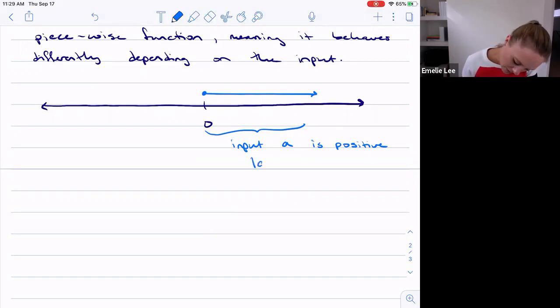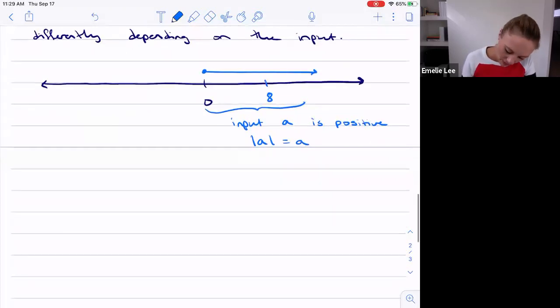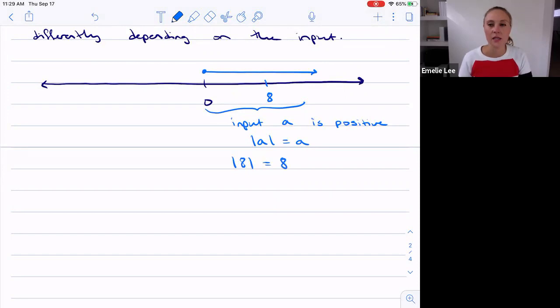And so the absolute value of A is just A. Okay? Just as a little glimpse here, let's do 8. Right? The absolute value of 8 is just 8.